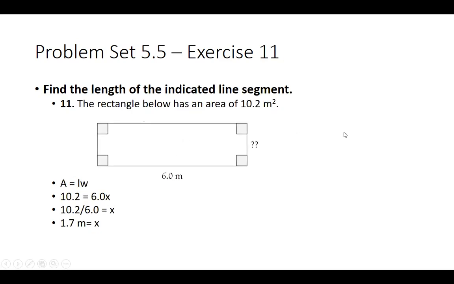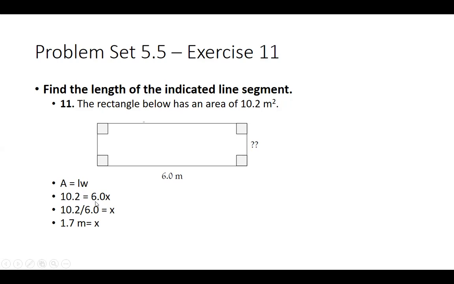Number 11, we want to find the length of the indicated line segment. That's our double question mark here. And we're told that the rectangle has an area of 10.2 square meters. We know that area is length times width. Our length is 6.0 meters. Our width is unknown, so we'll call that x, plugging in what we know. A would be 10.2.